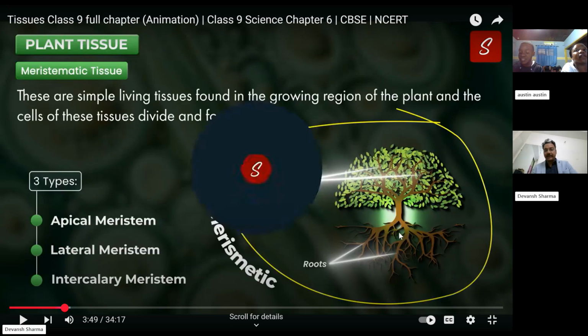Okay, write these three: apical meristem, lateral meristem, and intercalary meristem. These are the three types of meristematic tissue.